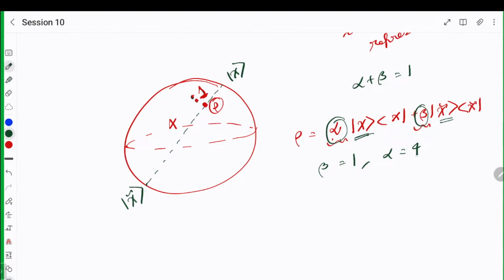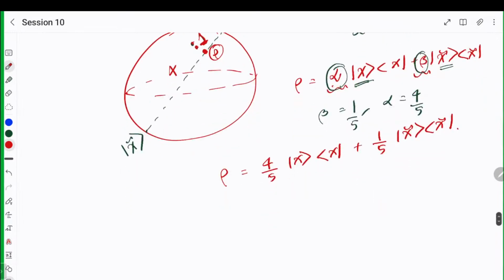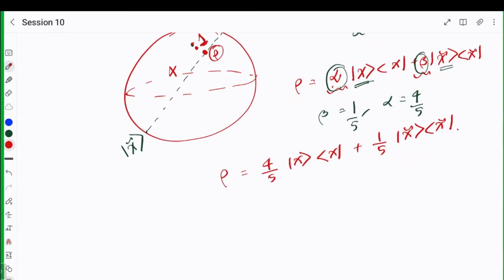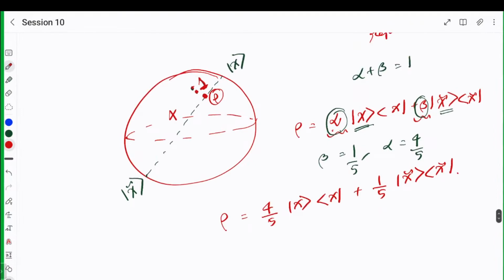Alpha will be 4 by 5 and beta will be 1 by 5. So finally, the density matrix will be 4 by 5 chi chi outer product plus 1 by 5 chi bar chi bar outer product.